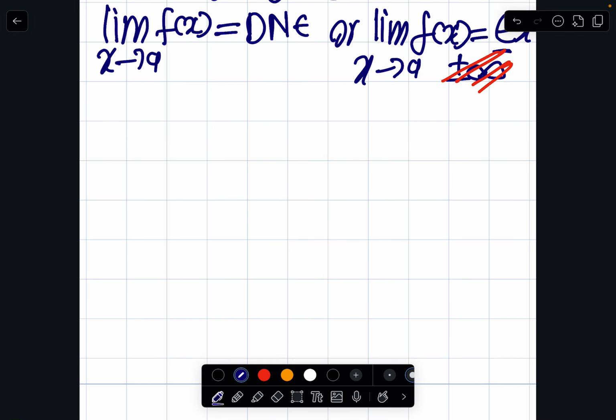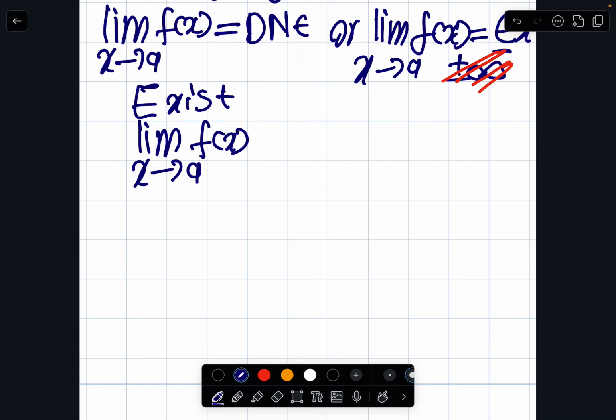So point number 1, let's talk about when you can say the limit exists. Suppose you have the limit as x approaches a of f of x.